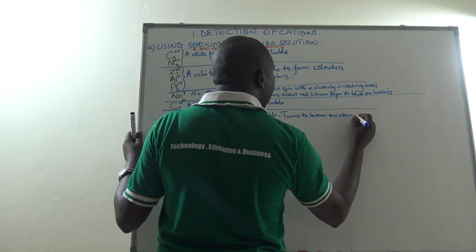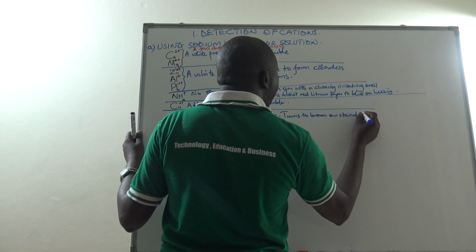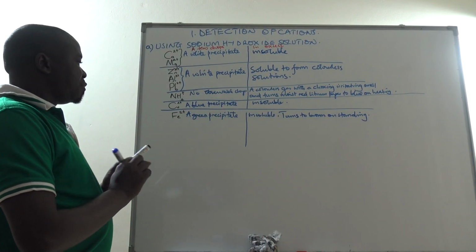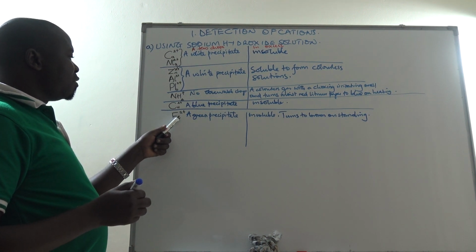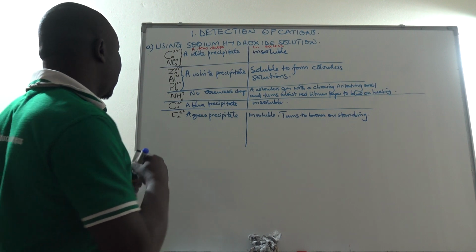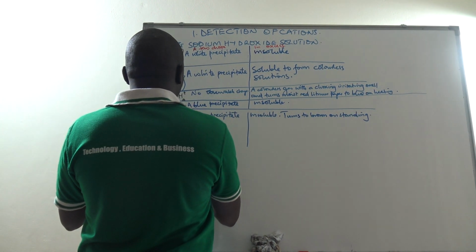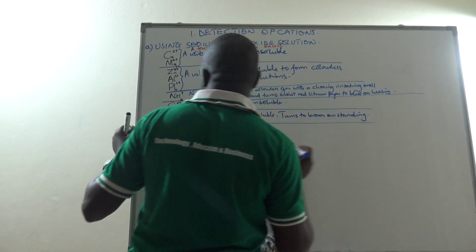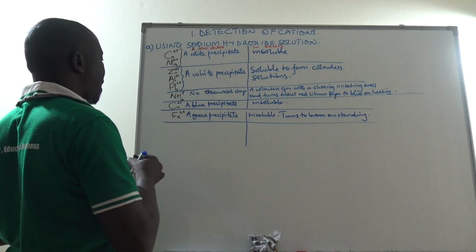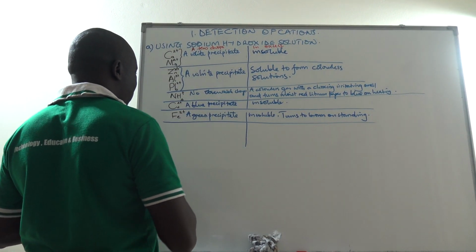I told you about how iron 2 ion is never stable. If you expose it to air, it turns from iron 2 ion to iron 3 ion as a result of oxidation by atmospheric oxygen. So it is oxidized readily from iron 2 ion to iron 3 ion by atmospheric oxygen.